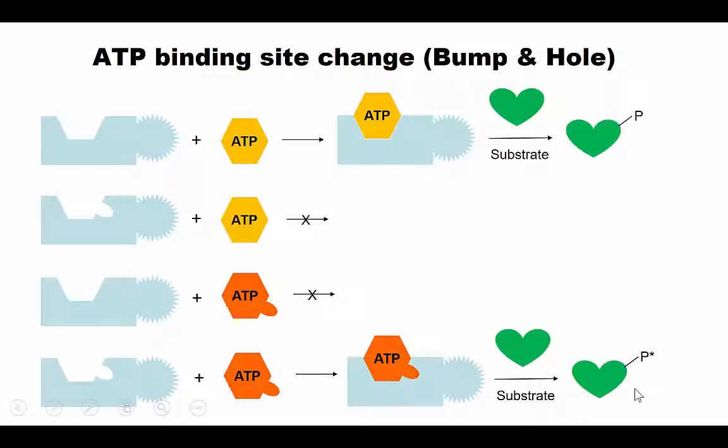Now it's possible that all other normal kinases utilize regular ATP, and if you introduce radioactive gamma phosphate into this changed ATP, then only the substrate of this kinase can be phosphorylated with radioactive phosphate. How about it?